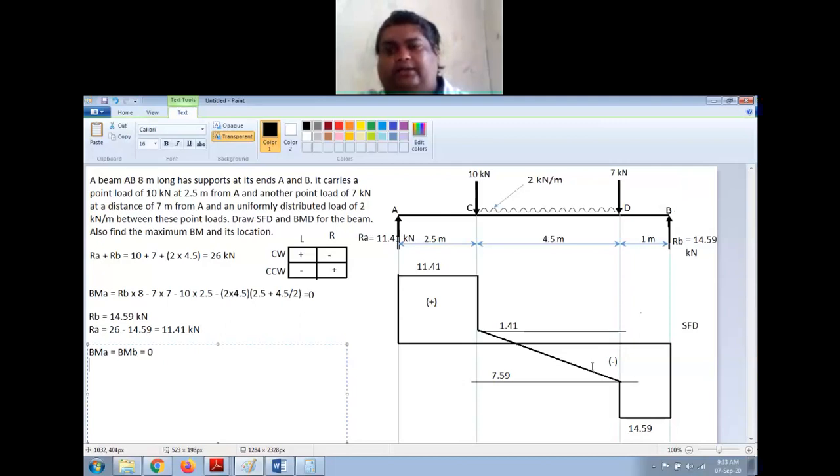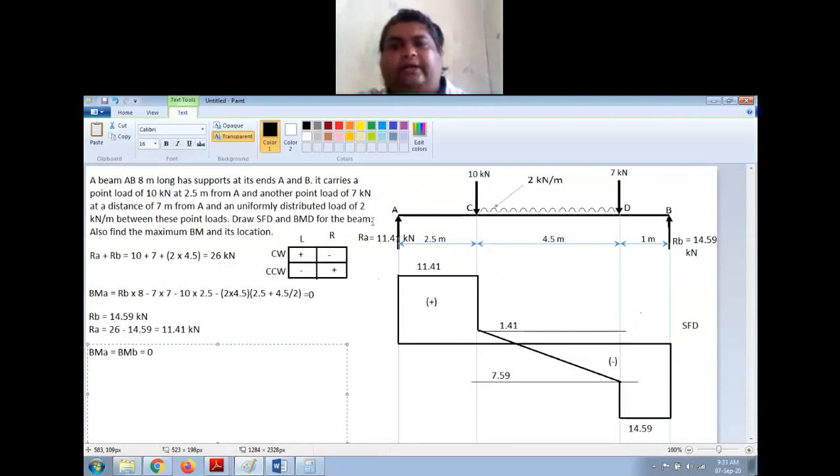Now again, another trick is when you are finding the bending moment, some faculty teach you to always take from the left or always take from the right. I teach my students in a different way. What I say is, now I need to take bending moment about C, correct? So you see on the left side and you see on the right side.